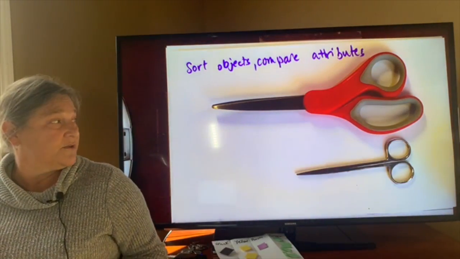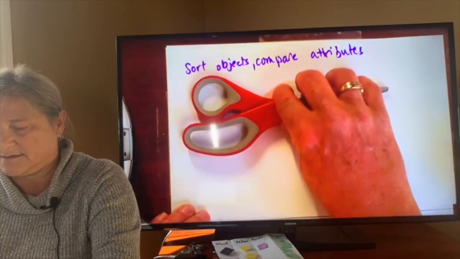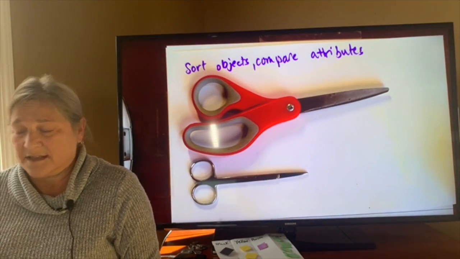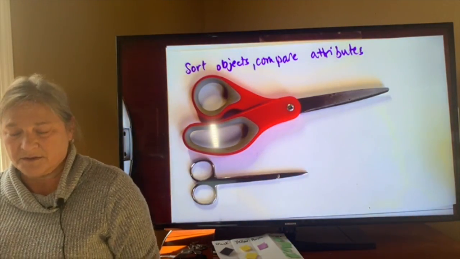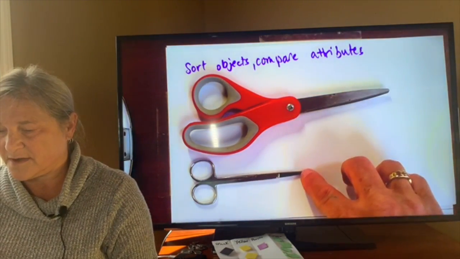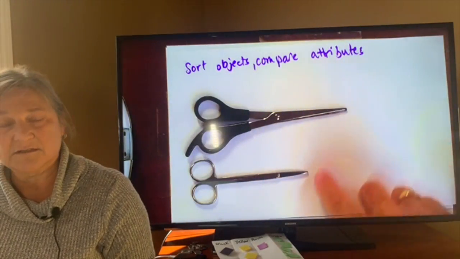So taller, shorter, I'm going to put them this way because most children will start at this end. But just any two things that you have, we can say that this one is longer than this one. We could say this one is longer than this one.